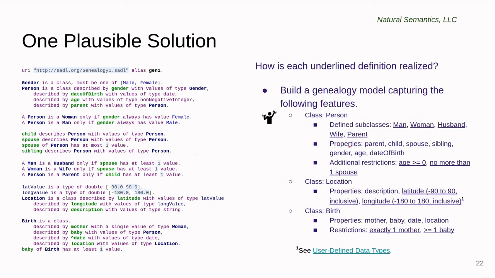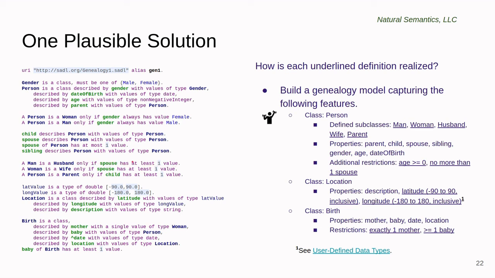So next, let's talk about husband and wife and parent. So a man, we're starting with what was defined by this always has value restriction in necessary and sufficient conditions. So we start with man. A man is a husband only if spouse has at least one value.